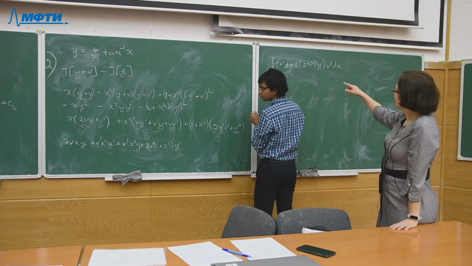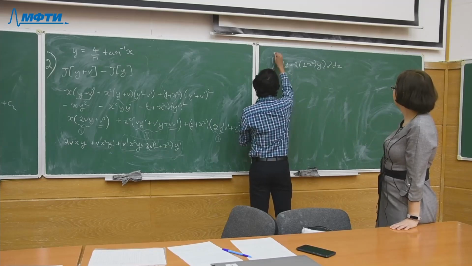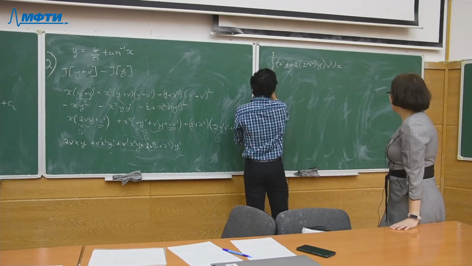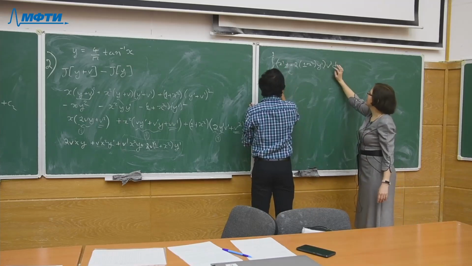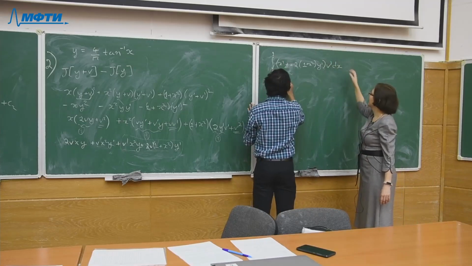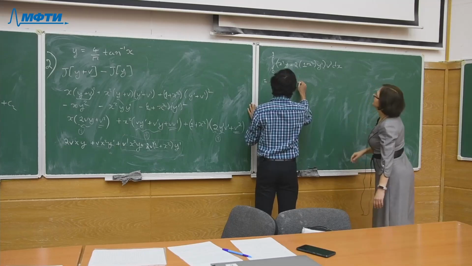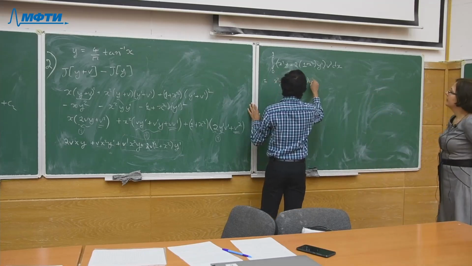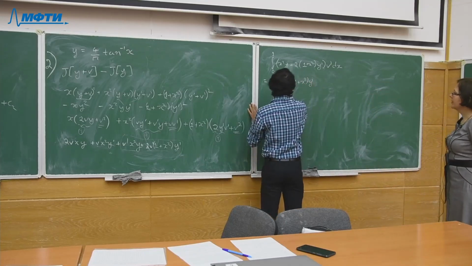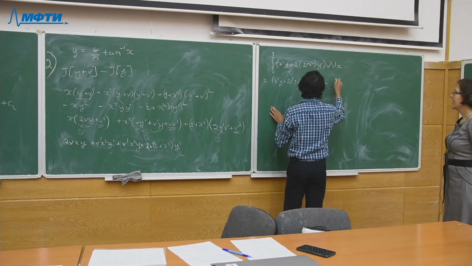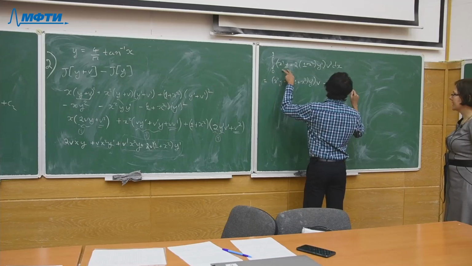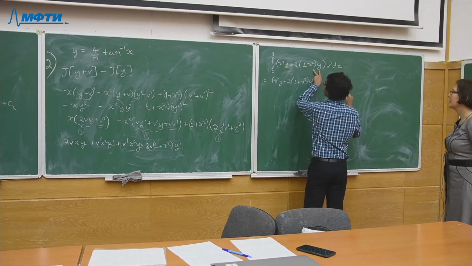The limits of integration from 0 to 1. Then integration by parts, and you should move v prime under the differential. Y prime multiplied by v, and subtract the derivative of this.